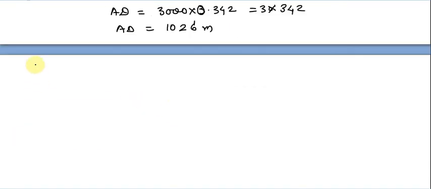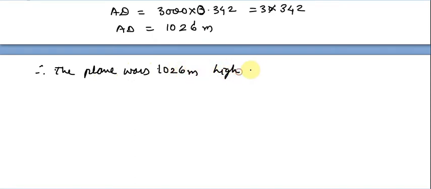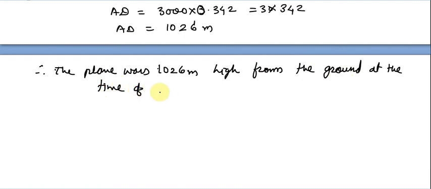So lastly we can write, therefore the plane was 1026 meters high from the ground at the time of landing.